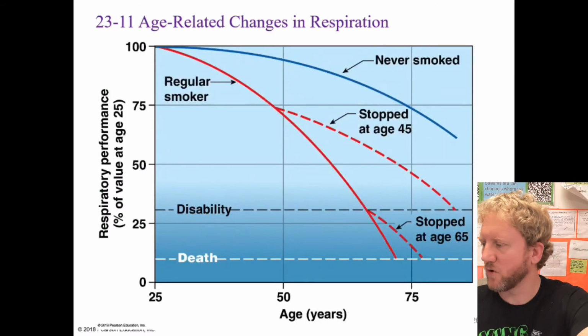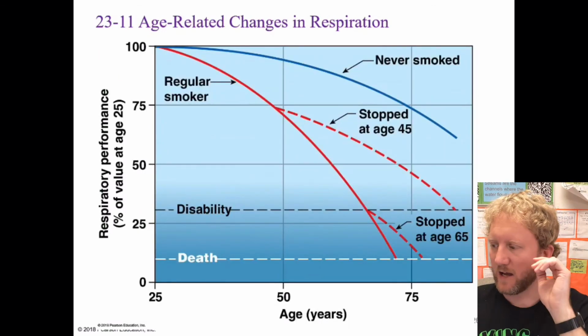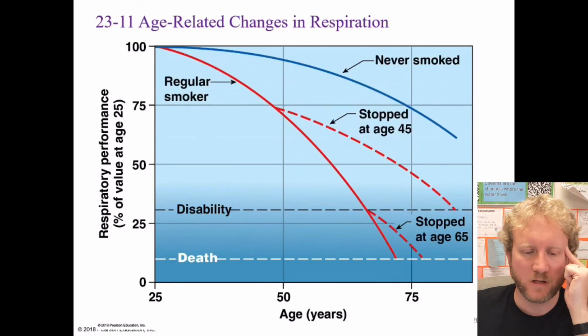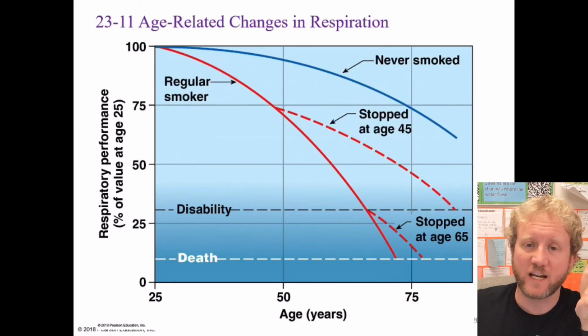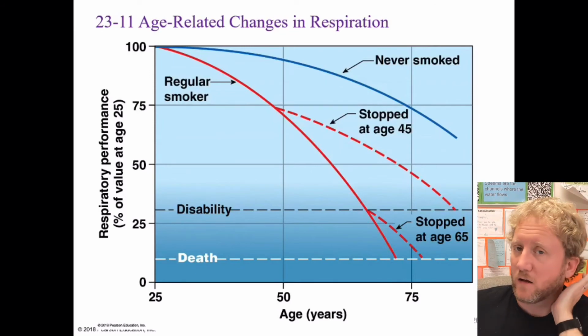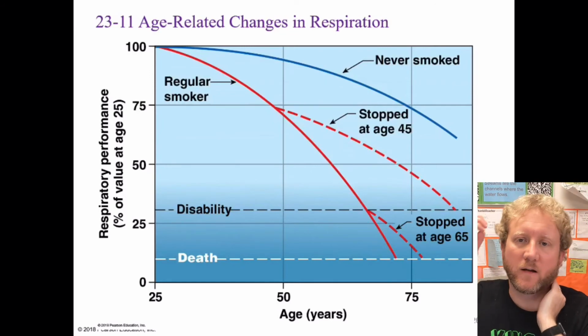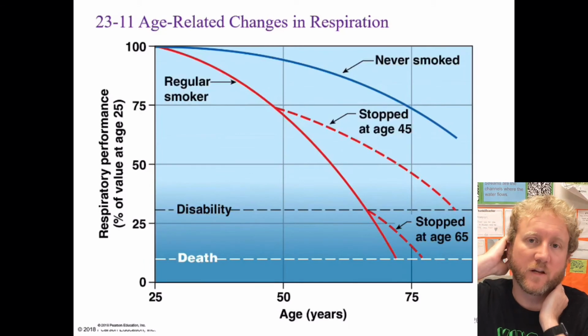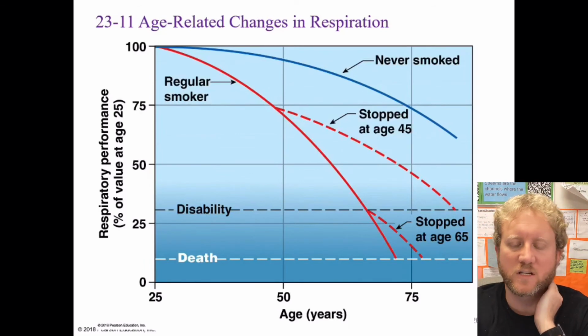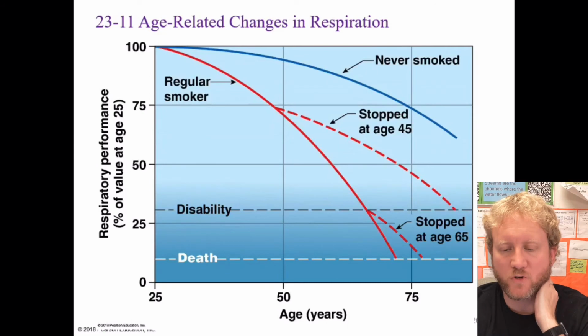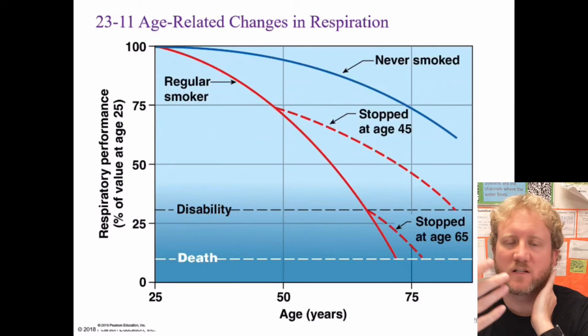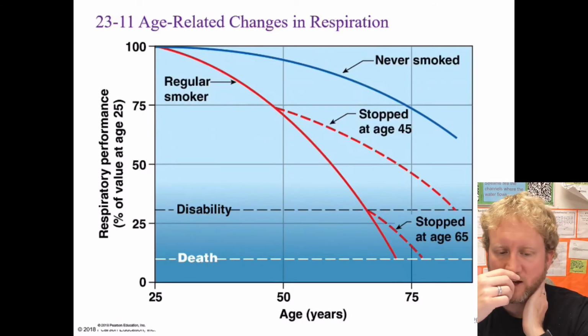This is a chart showing a decline in respiratory performance starting at age 25, when development is done, basically, and you don't have any development of the lungs. And as you can see, even if you've never smoked, your respiratory performance decreases over time because of that lowering of the compliance and stuff like that.